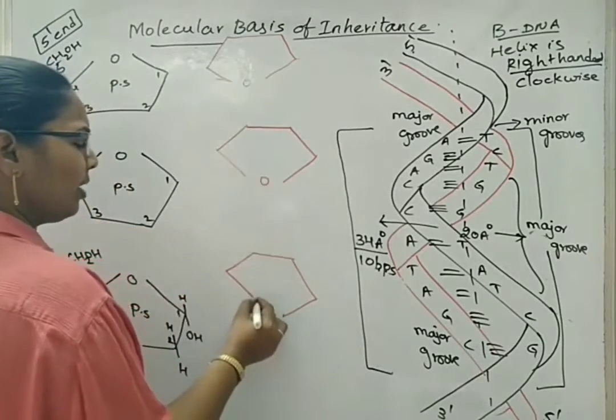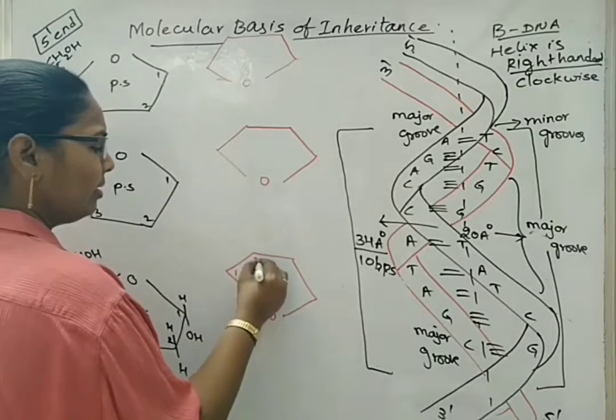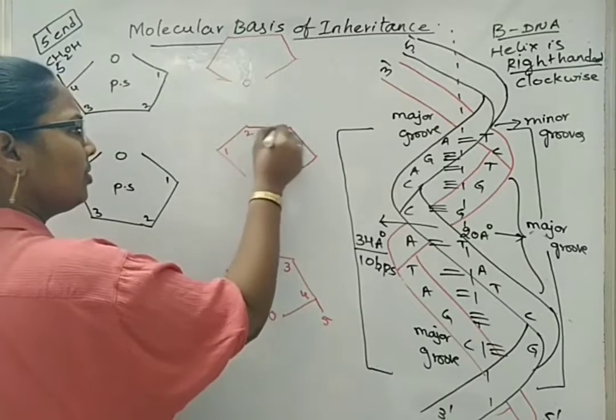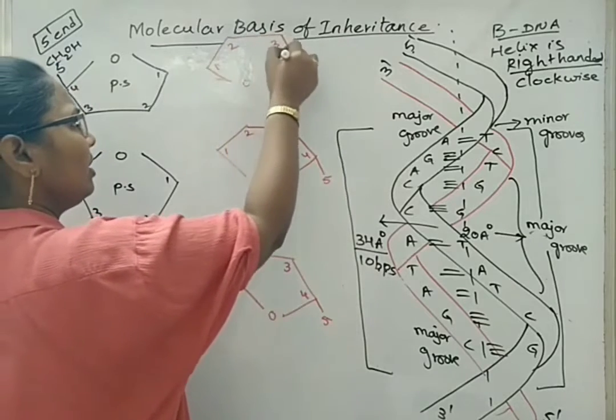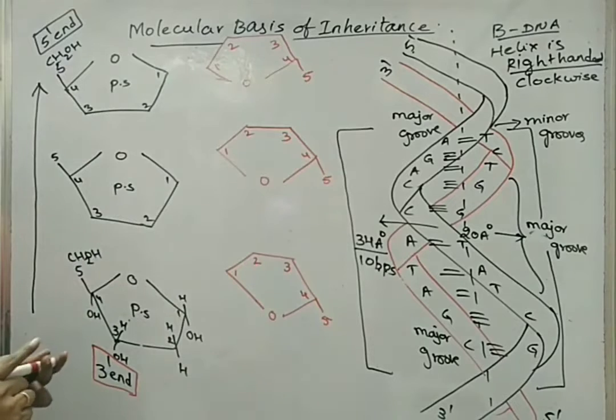The same pentose sugar I have written in upside down direction. We will give carbon numbering 1, 2, 3, 4 and 5. Let's join these two strands which are running anti-parallel.